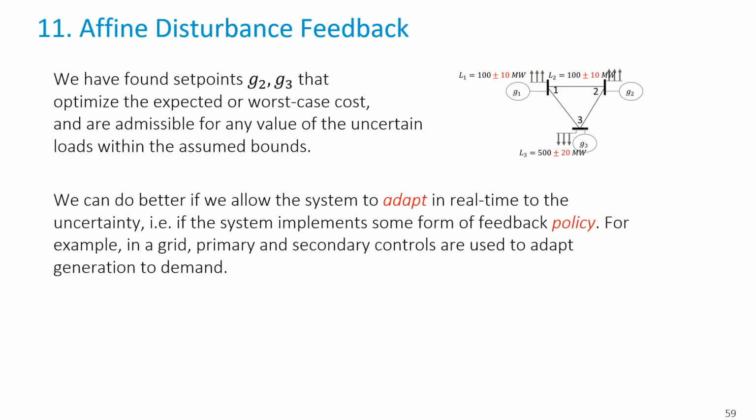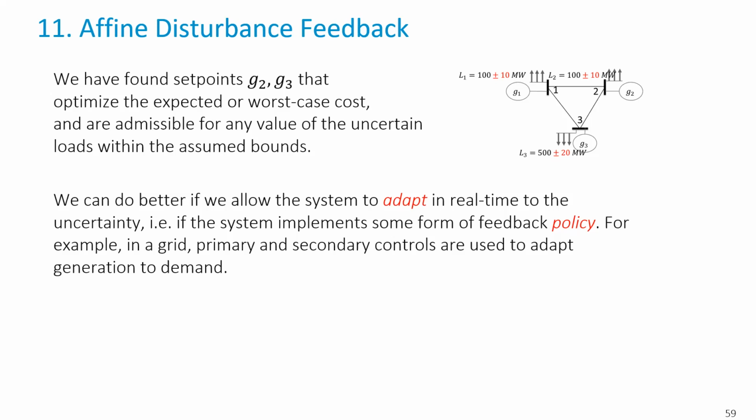But when we did that, we did only a simple game where I choose the set points, nature reveals the disturbances, the true value that I didn't know, and then I stop. But of course, it would be better if instead of that, I could react to the changes. But how do I react to the changes? Of course, I don't want to redo my problem in real time, although that's also an option that you can do at least in quasi-real time. But if I want to do it in advance, I have to pre-program a control law.